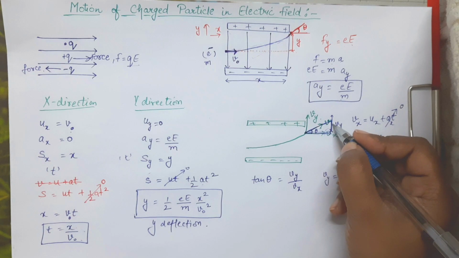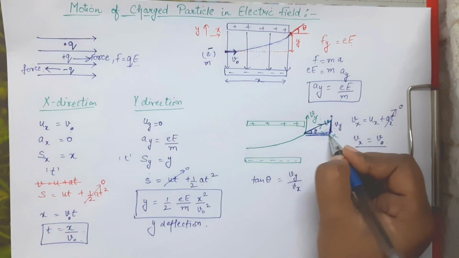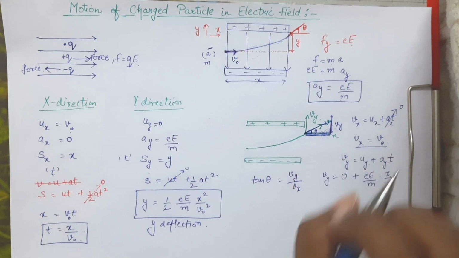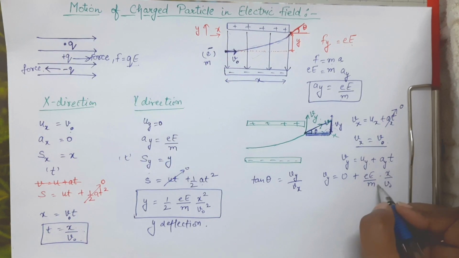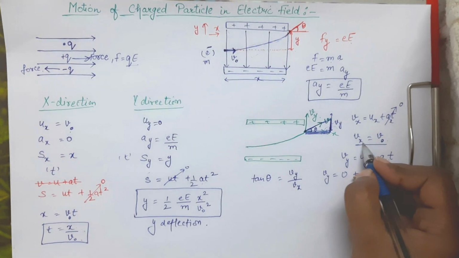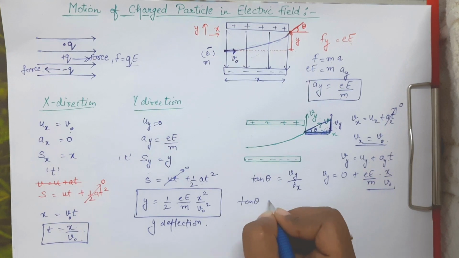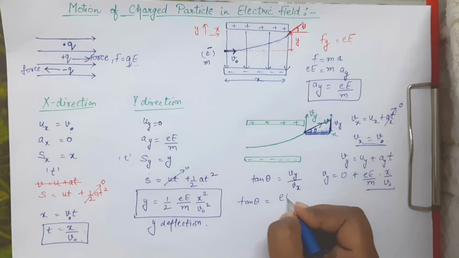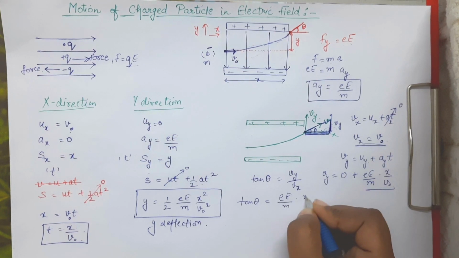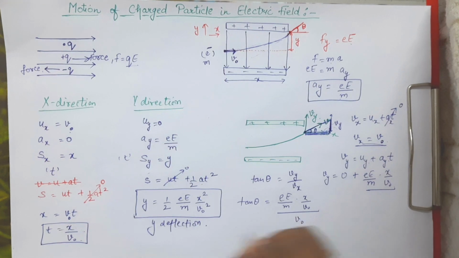So perpendicular is vy and base is vx, so tan theta will be vy divided by vx. We know the value of vy and we know the value of vx. We just have to substitute that. So tan theta will be equal to vy, that is e by m into x by v naught, divided by vx, that is v naught.